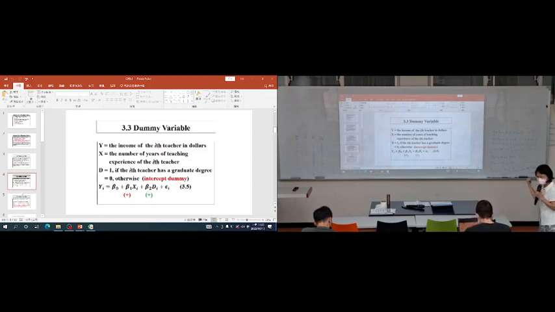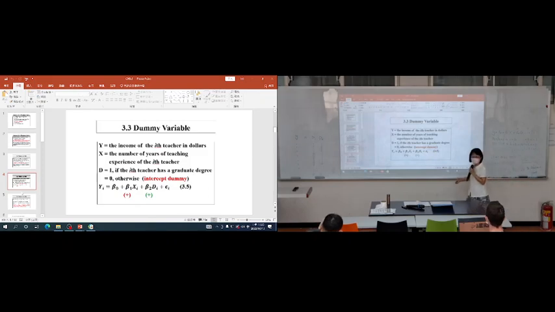Any questions about this one? This is more complicated, right? But think about it, it's okay. Just think about the way I did it here. I think the math parts will explain more clearly, right?